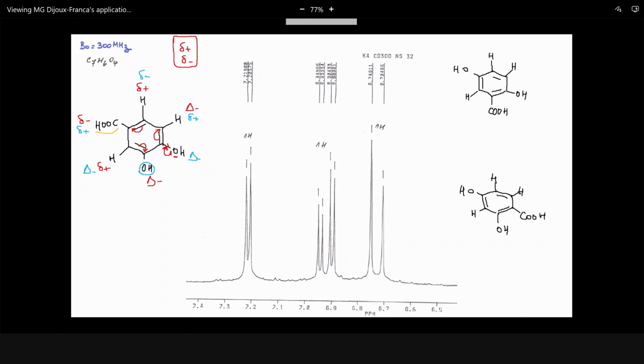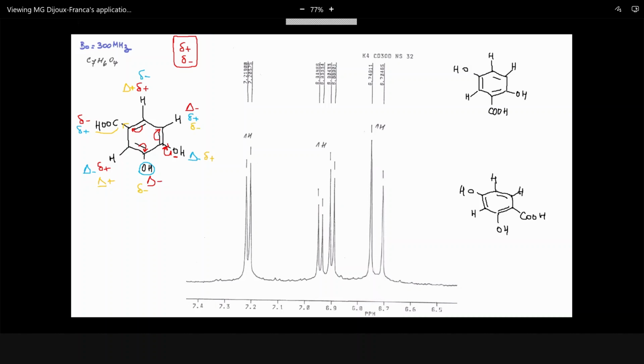The effect is a withdrawing effect, a mesomeric withdrawing effect because we have a CO double bond. So we will have a strong delta plus here and here. In para, a small effect, but we have a small donor effect in meta position.